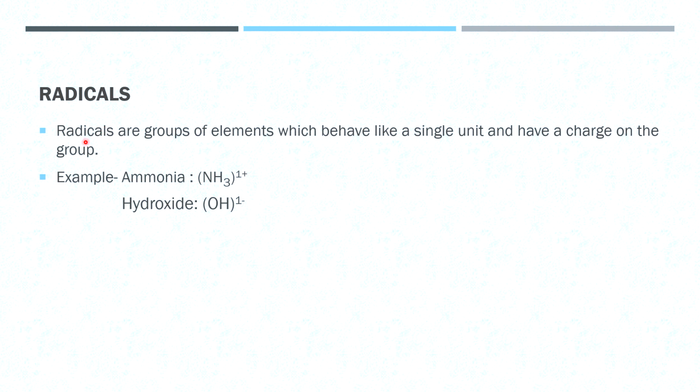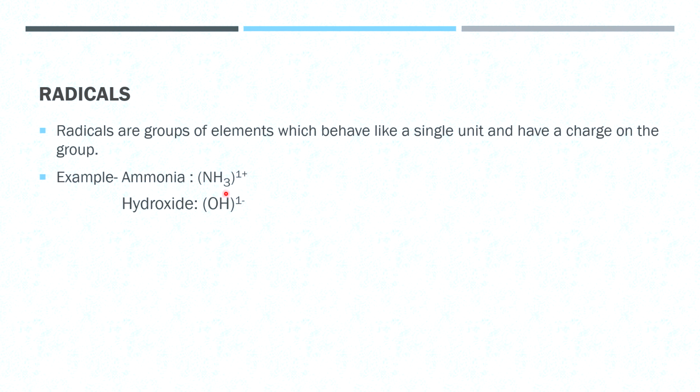Radicals. Radicals are groups of elements which behave like a single unit and have a charge on the group. Meaning, two or more elements behave like a single unit and this single unit has a charge. So that is called a radical.